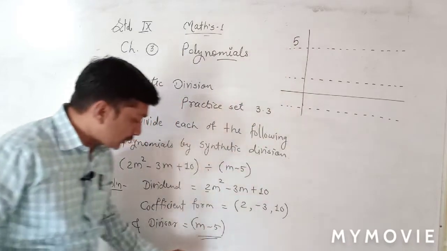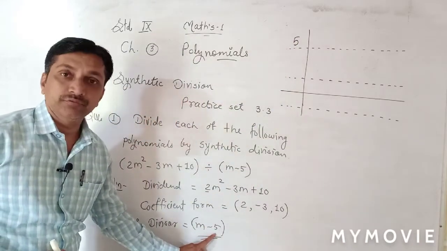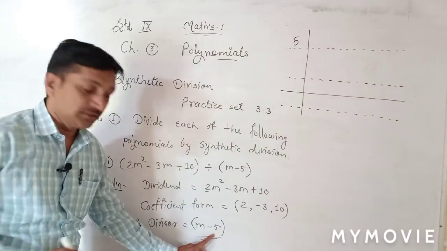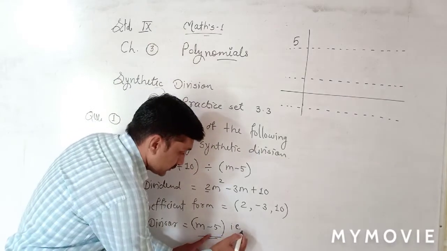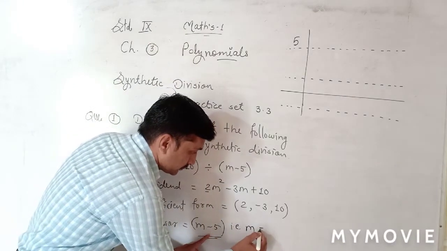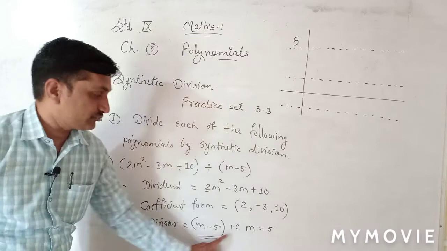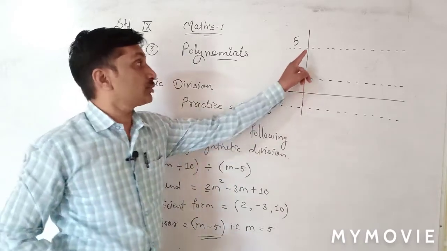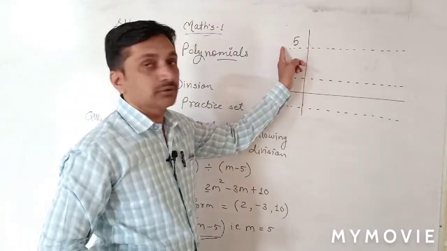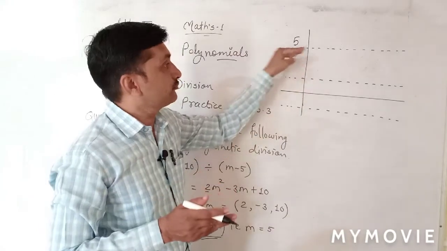In the first row and to the left, which value? The opposite of the divisor. The divisor is m minus 5, therefore you have to take here the opposite of minus 5, plus 5. And where to write? To the left of the vertical line and in the first row.